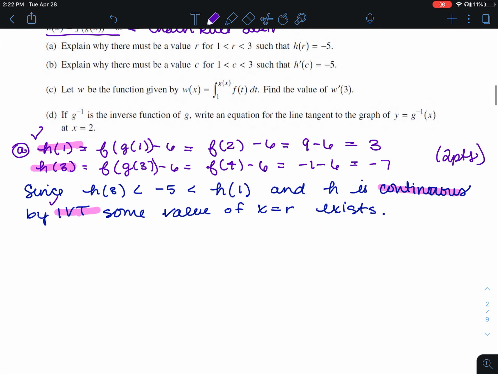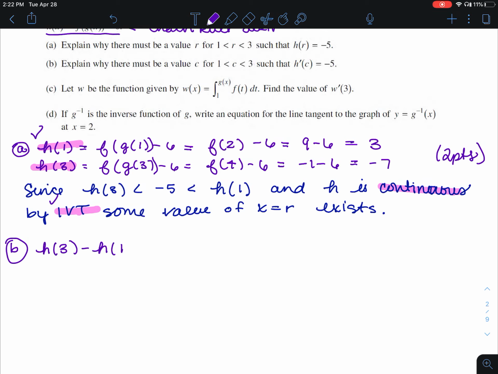Okay, part B. Explain why there must be a value c for 1 to 3 such that h prime of c equals -5. So the work here is we need h of 3 minus h of 1 over 3 minus 1, or AROC. We need to figure out what that is. The good news is we already did h of 3 and h of 1 in the last part of the problem, so we can just borrow that.